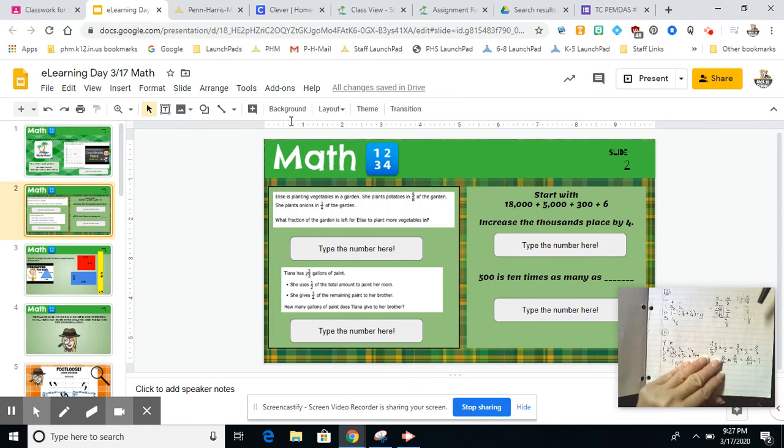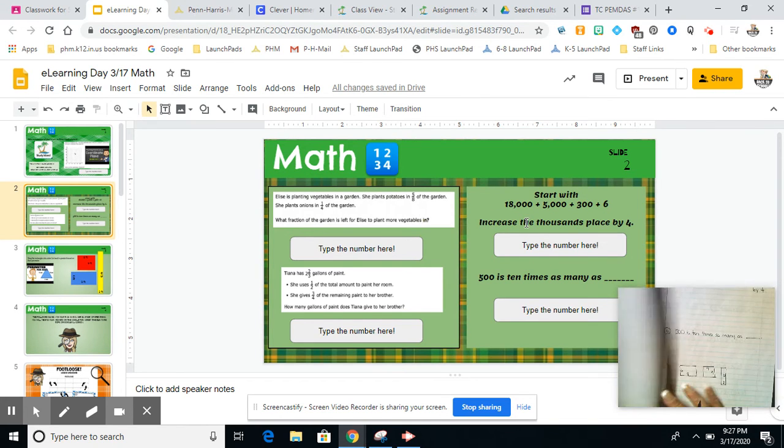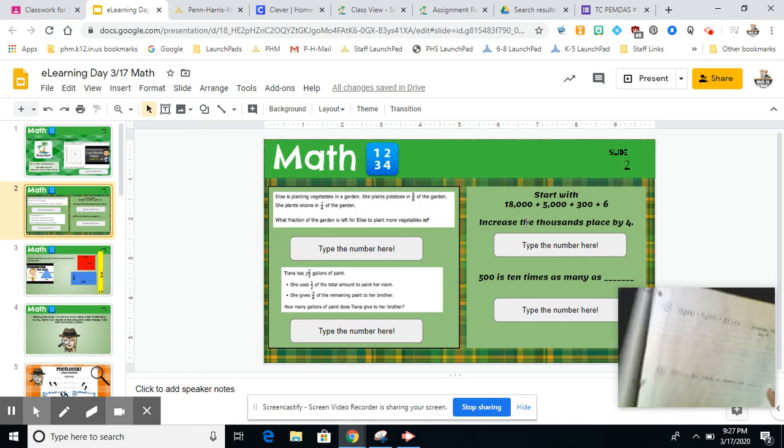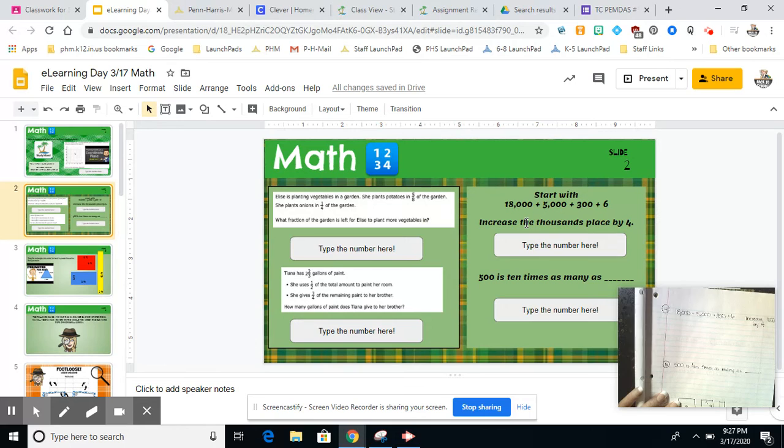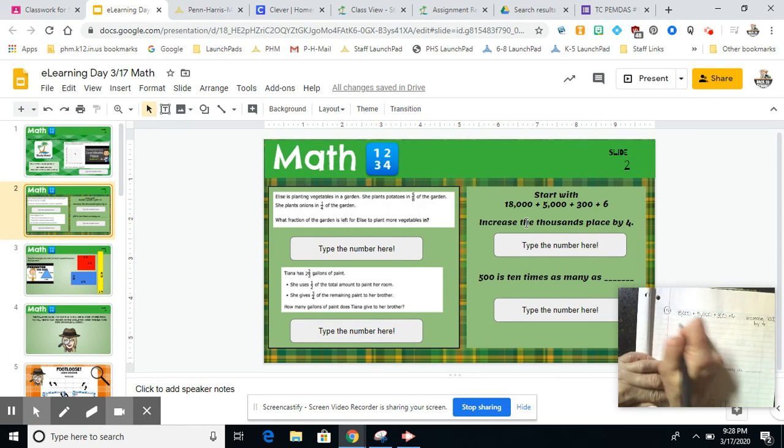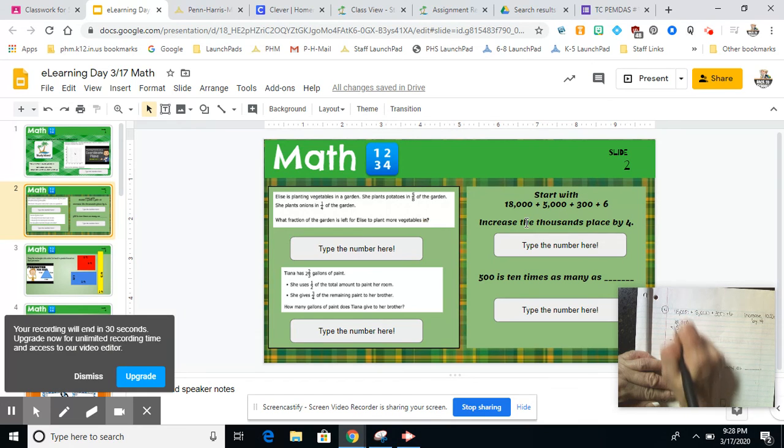Now we're going to go over to this next part. It says starting with 18,000 plus 5,000 plus 300 plus 6. So we're going to do 18,000 plus 5,000 plus 306. That'd be 6, 0, 3, 8 plus 5 is 13, 23,306.